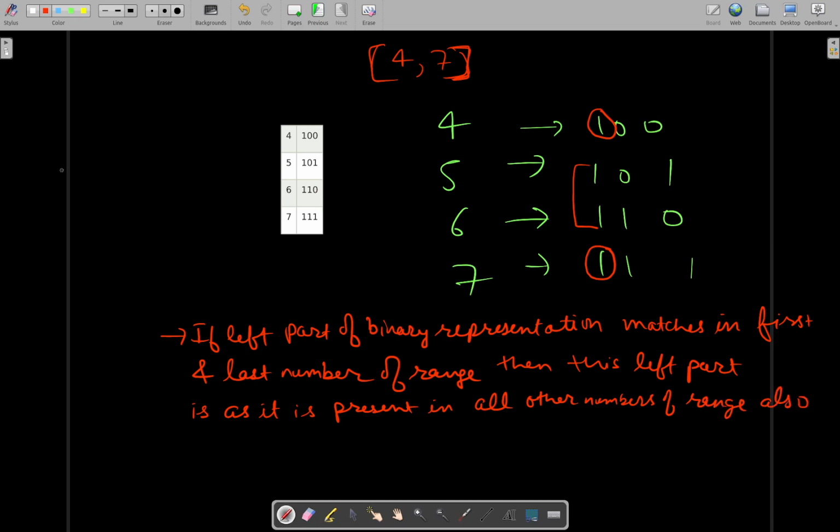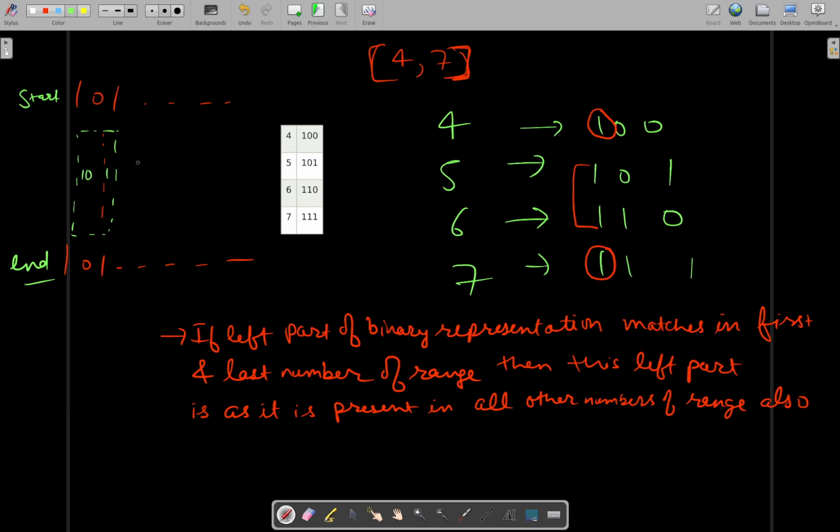Let's say there was a pattern something like this, and here also it was repeated. So this is your start and this is your end. Then all the numbers in between should have this particular pattern at least.